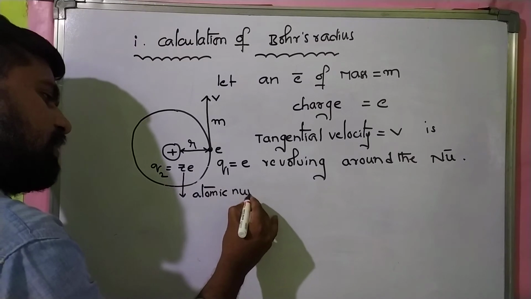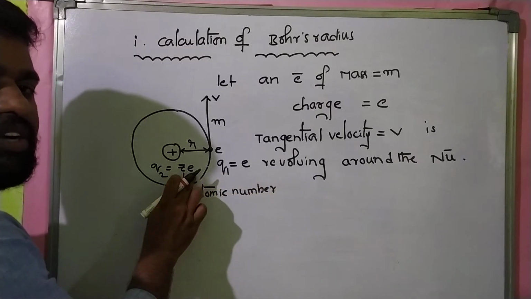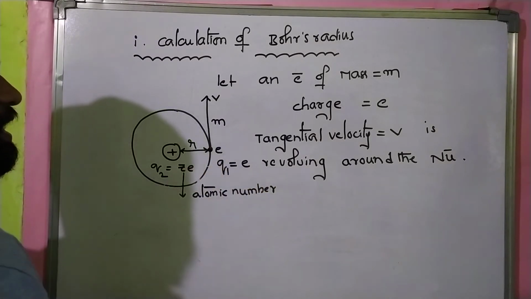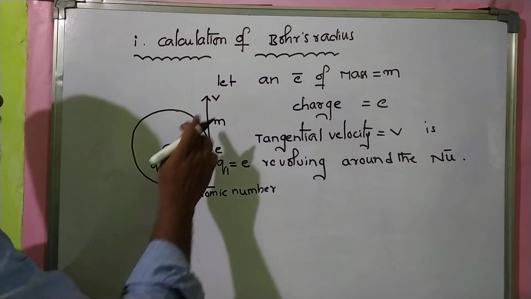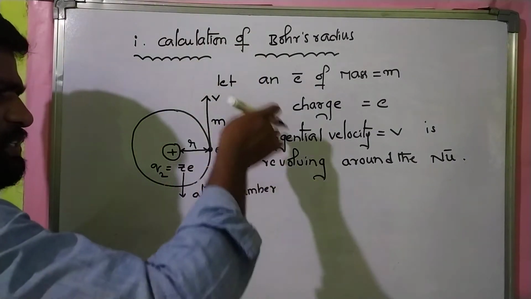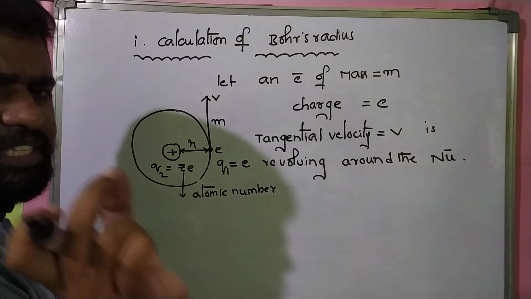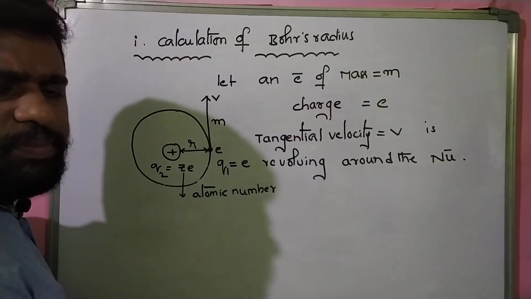Here E means the charge of the electron. Now by using this expression, we will discuss, so what is the Bohr's radius?